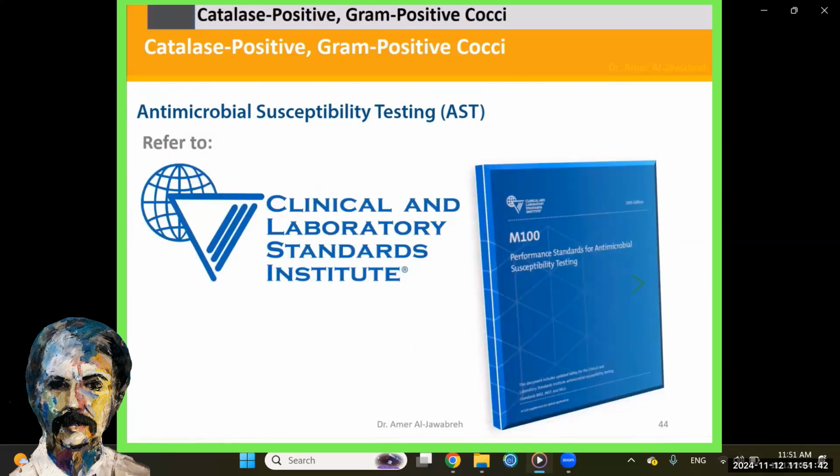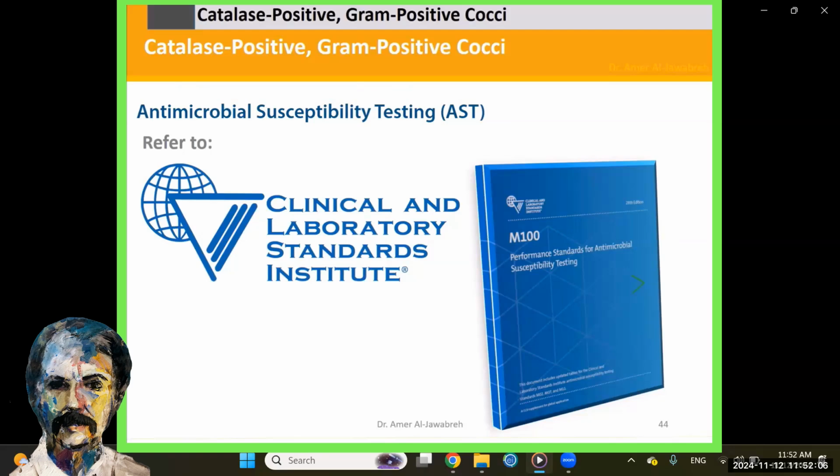Here, for AST, we have an international institution that can take care of the AST. We call this the Clinical and Laboratory Standards Institute, CLSI. CLSI is an American institute that gives us every year or every 1 or 2 years an update of the antibiotics.